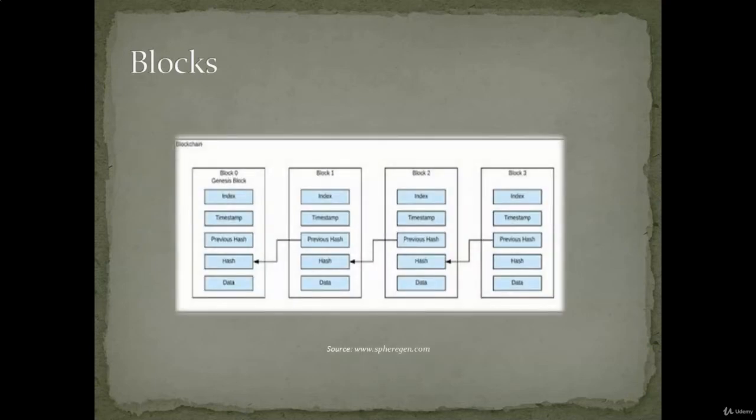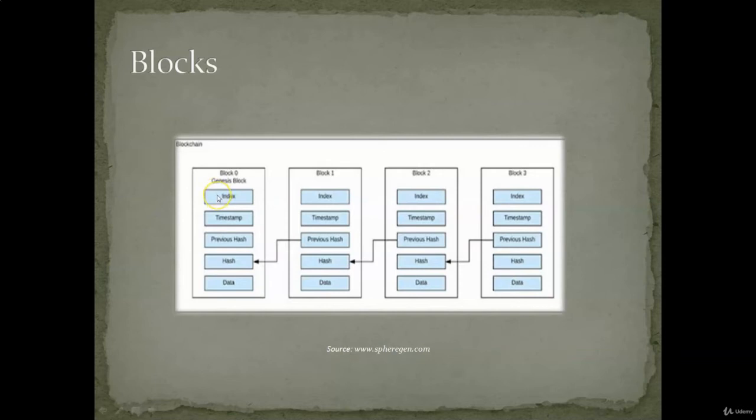So let's take a look at this example. Here we have 4 blocks that are linked with each other using the previous hash values. Here is our first Genesis block. The previous hash value will be null, of course, for the first block, because this is the very first block and no block has ever been created before it.